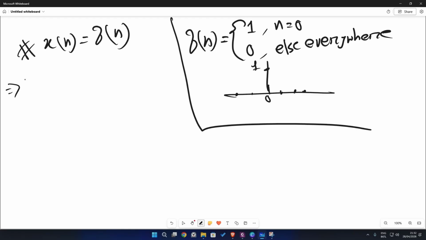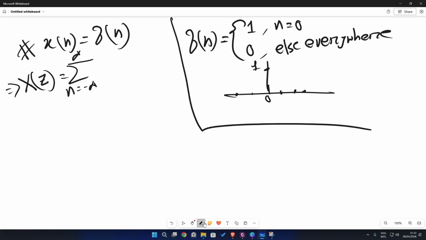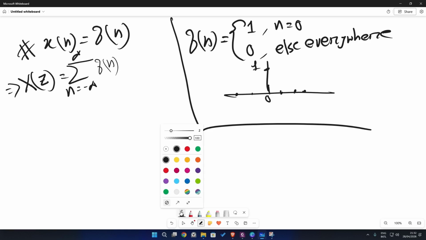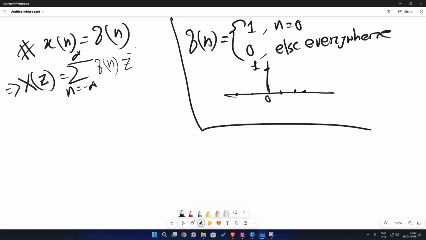If we do the z transform here, the sum from n equals minus infinity to infinity of delta[n] z^-n, we know the impulse response is 1 only when n equals 0. So delta[0] z^-0 is 1 into 1, which is simply 1.